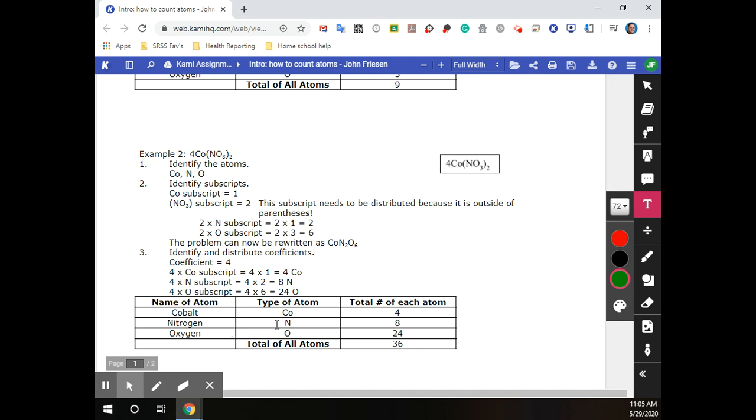N, or nitrogen, and O, which is oxygen. So we've identified them first. Then we need to identify the subscripts. There's nothing written for Co, so that's a 1. There's nothing written for N, so that's a 1. And there is a 3 written for the O, so that's a 3.